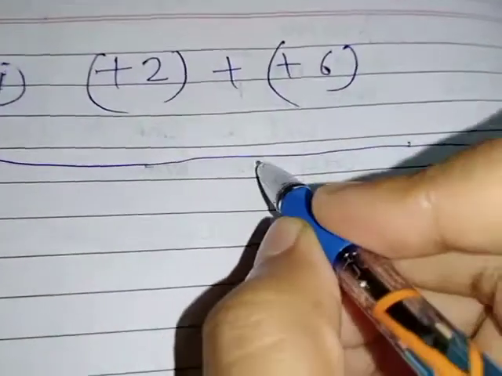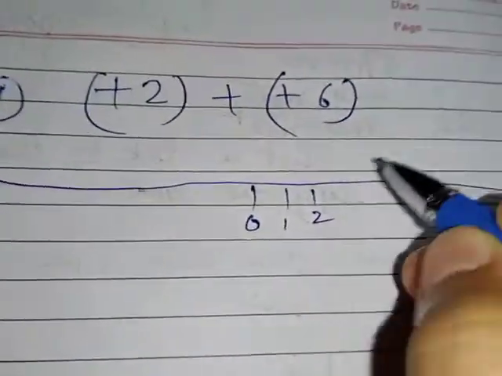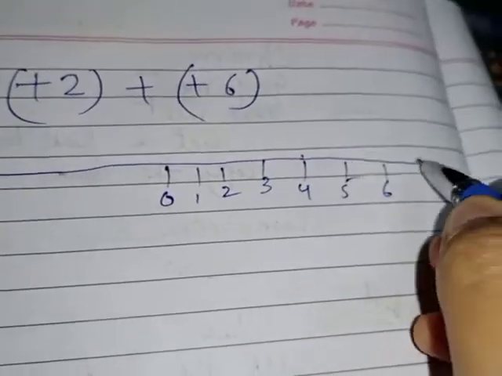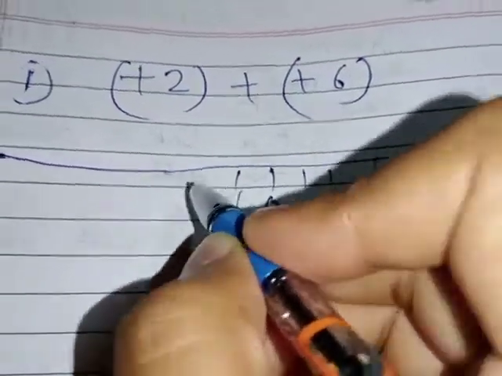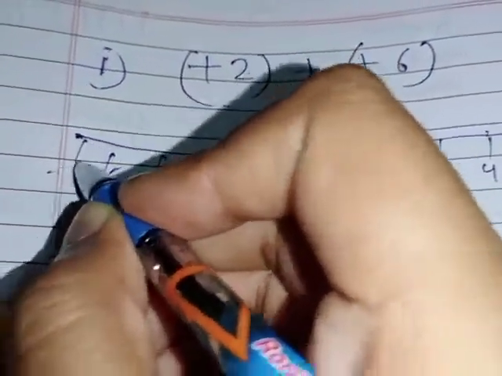After this, 0 in the center. Like this, we'll make a number line, and so on. And here we have negative integers like this, and so on.